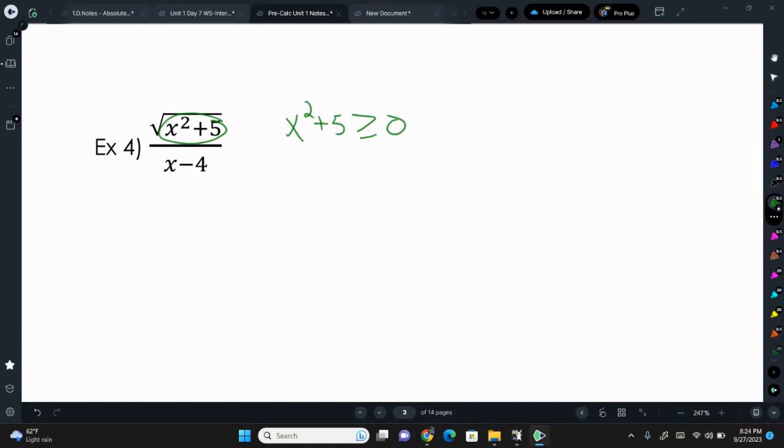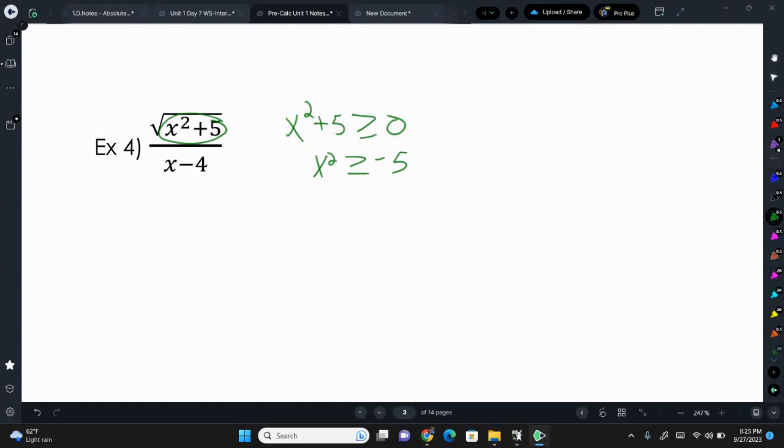So we continue this. We have x squared, minus 5 from both sides, is greater than or equal to negative 5. Well, we can look at that and say, well, x squared is greater than or equal to negative 5. When we square root both sides, that's going to give us an imaginary number, and we're not there yet.